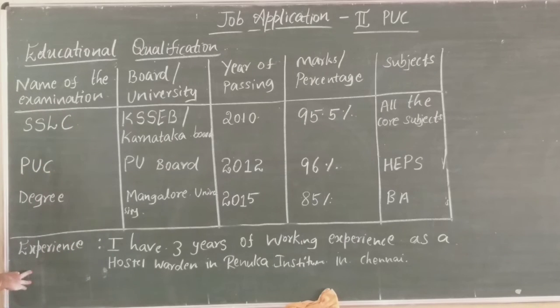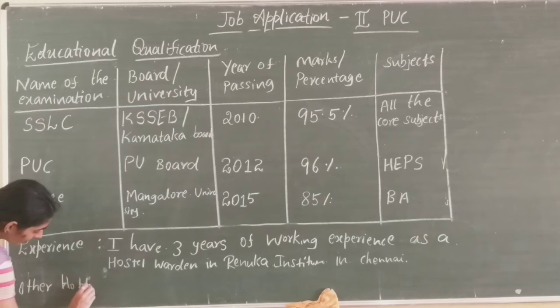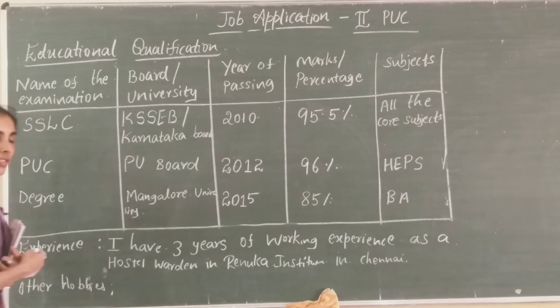And then after experience you have to write other hobbies. What do you do other than that? So dancing, singing, watching TV, playing chess, something like that. Or writing, reading novels. In that way you can write your other hobbies. So after experience and other hobbies, leave a line.